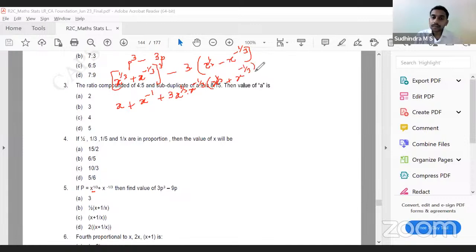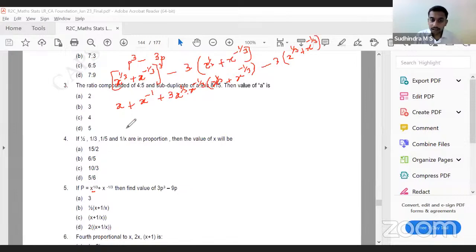Sir, in the first step it should be minus? Correct, it is minus 3 into x to the power of 1/3 plus x to the power of minus 1/3.